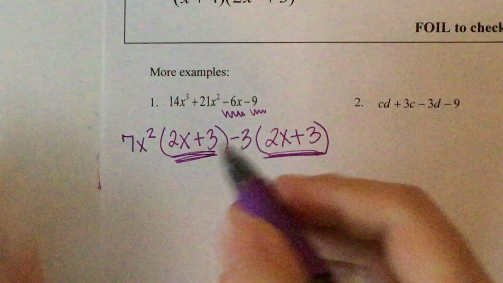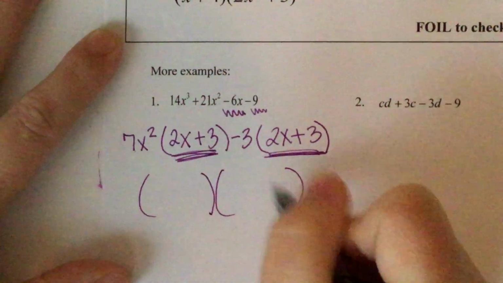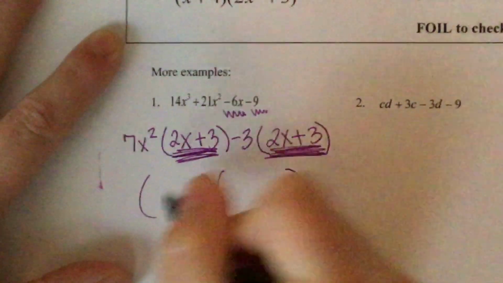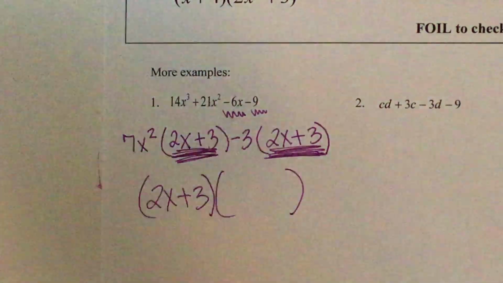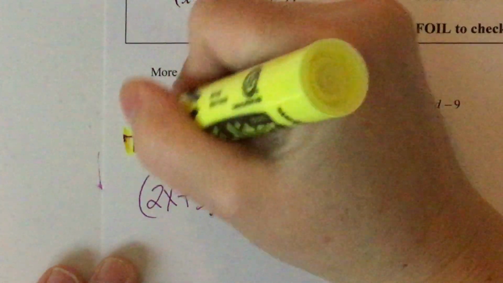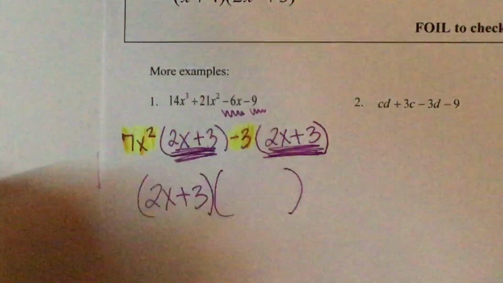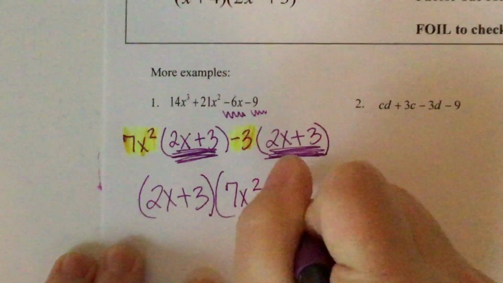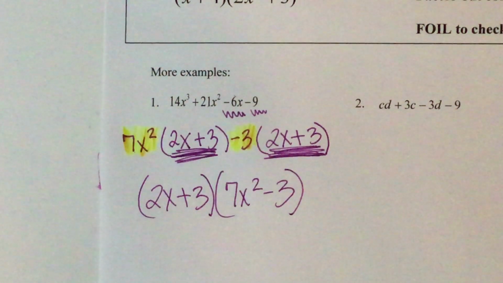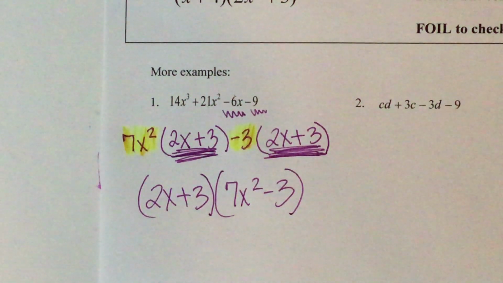Yep. Okay, so now I'm going to do what I did above. Whatever you have here and here, you write it one more time. And then whatever's left over, which is the guy in the front and the guy in the middle, goes in the other set of parentheses. 7x squared minus 3. And that's how you factor by grouping.